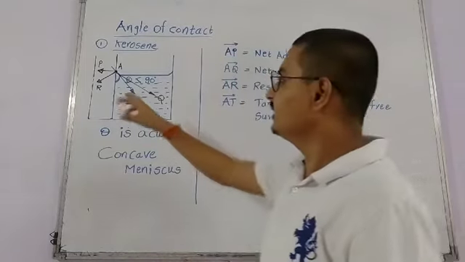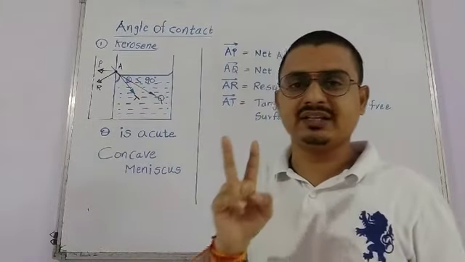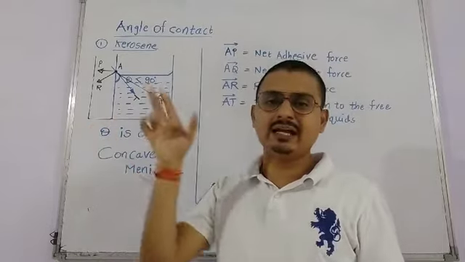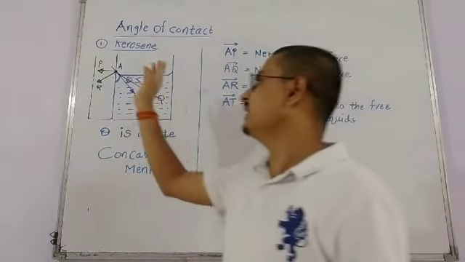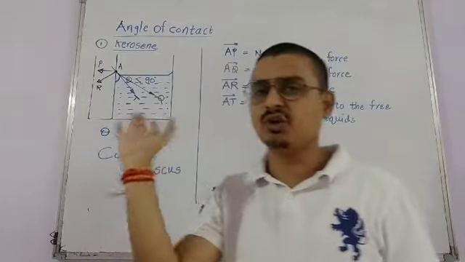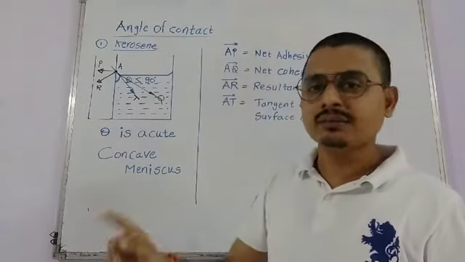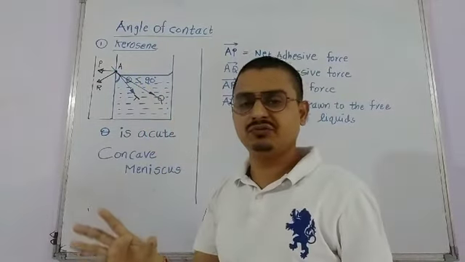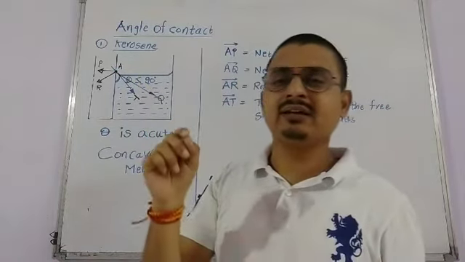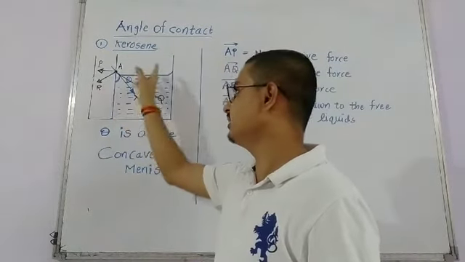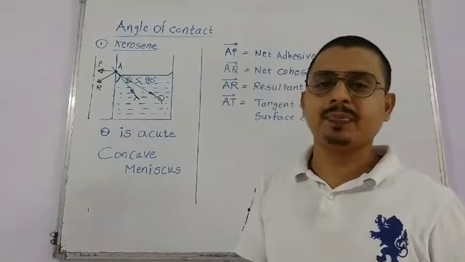Because there are two net forces acting on a molecule A, that is AP and AQ. AP is a net adhesive force that is completely inside the solid and which is horizontal. Similarly, ये AQ जो है that is a net cohesive force that is making an angle around 45 degrees to each surface of solid as well as surface of liquid.